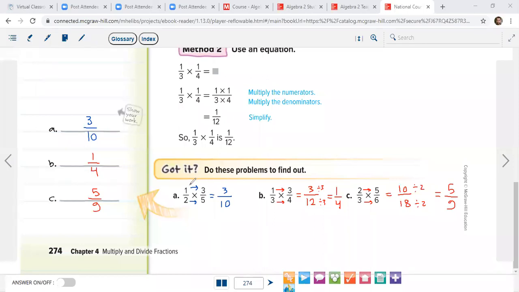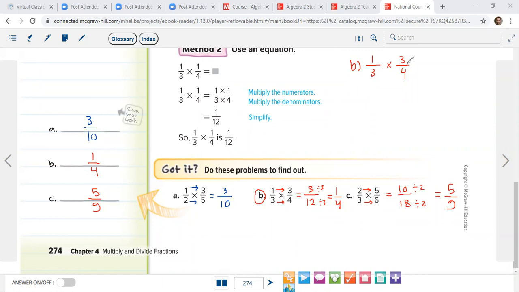Now I'm going to introduce a new method of multiplying fractions, called the cancellation method. Let's take problem B, for example. I have here 1 over 3, and I need to multiply 3 over 4. Cancellation happens between the numerator and denominator.